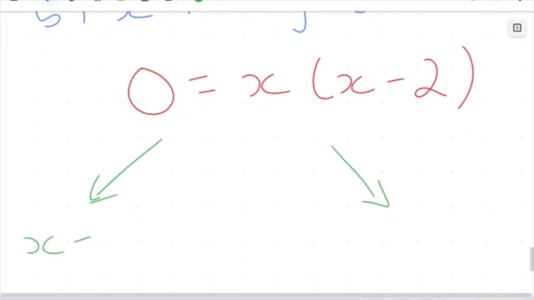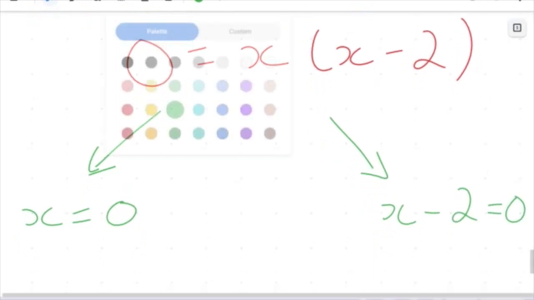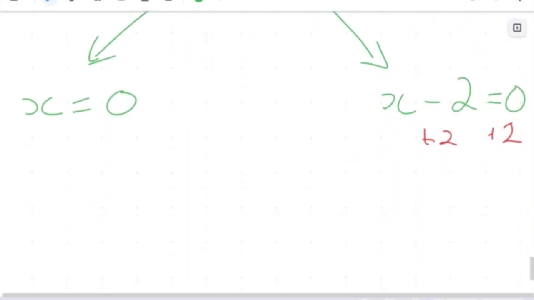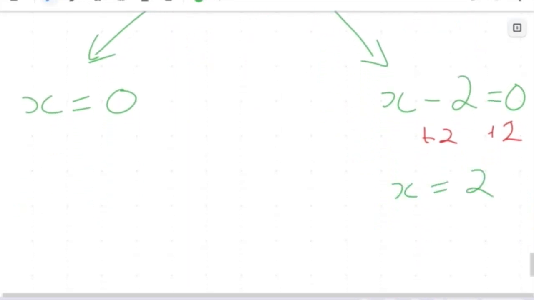So the first case is going to be a very easy one. That's just when this x here equals 0, or when x minus 2 equals 0. So to solve this equation, I'm just adding 2 to both sides, which gives me that x equals 2. That's my other intercept. So I have 2 intercepts here.